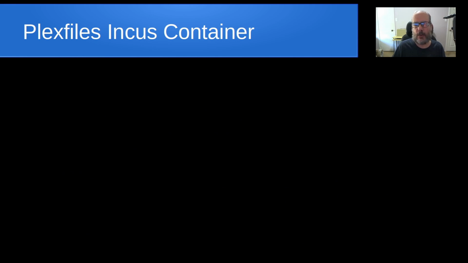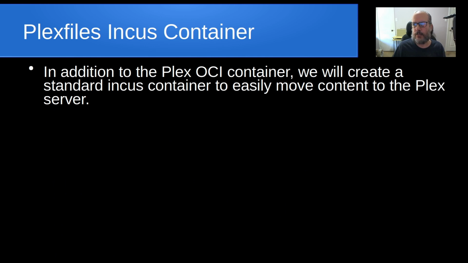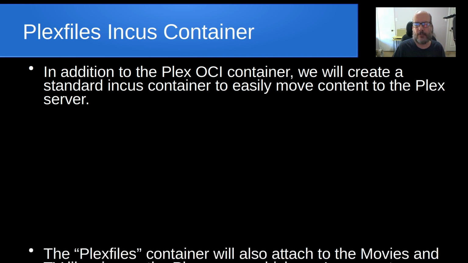Then we're going to create a container called the Plex Files Incus container, which is not of itself part of the Plex application, but a utility container which will be a normal Incus container. We're going to create this standard Incus container to easily move content to the Plex server.